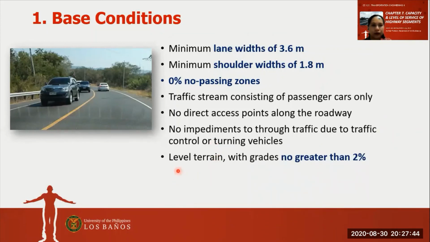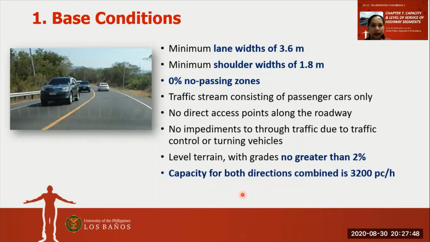And there's also terrain with grades no greater than 2%. According to the Highway Capacity Manual, the capacity for both directions combined is 3,200 passenger cars per hour, and for a single direction, the capacity is 1,700 passenger cars per hour.